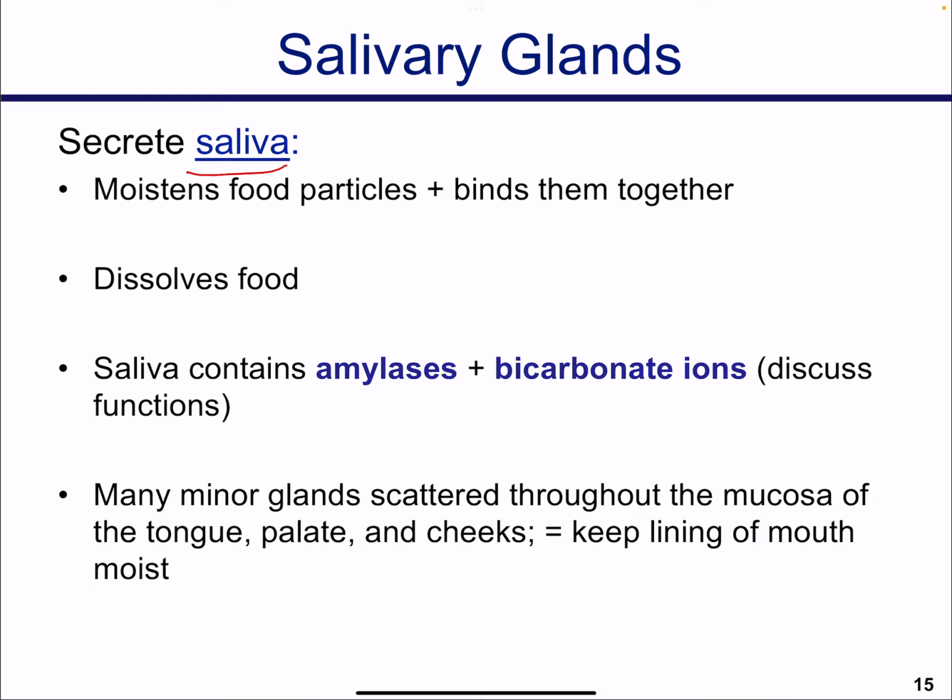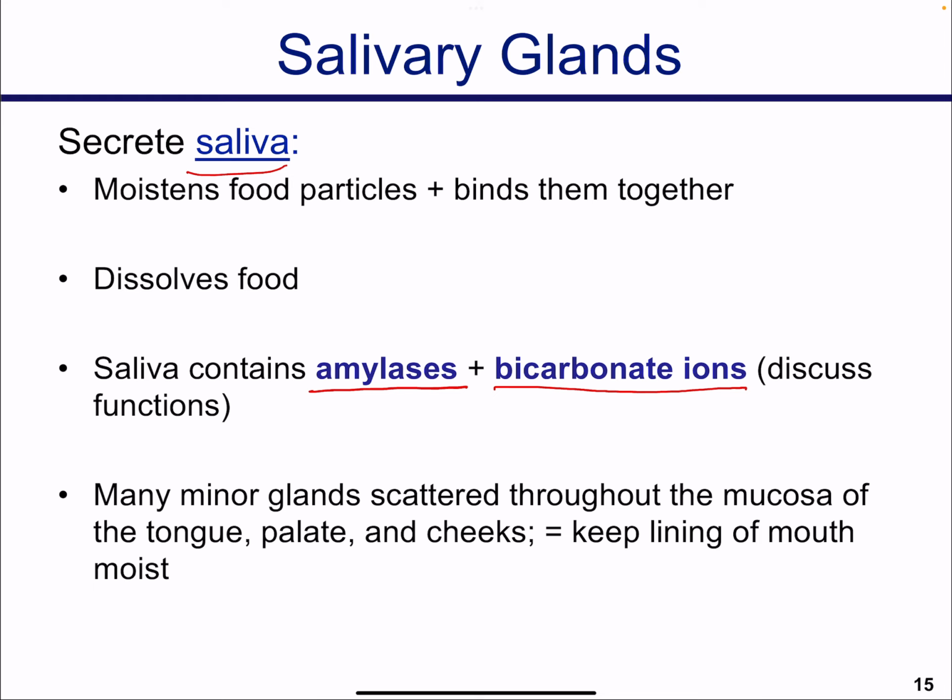The enzymes that are found in the saliva are called amylases, salivary amylases, right? The salt that is very important in the saliva is the bicarbonate. Bicarbonate actually plays a very important role as it is a buffer, right?